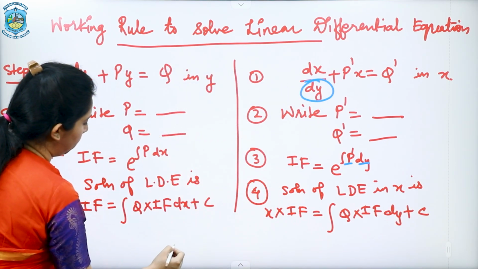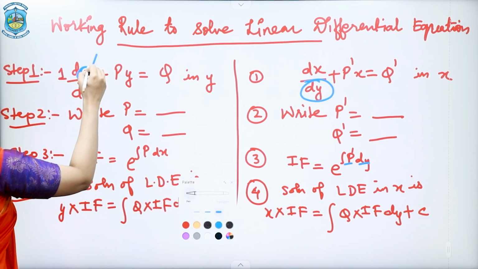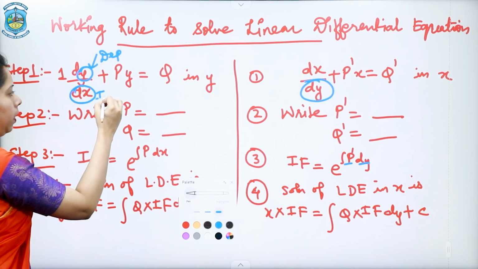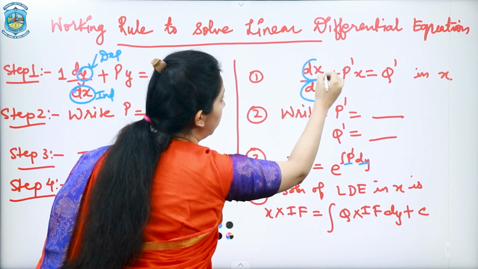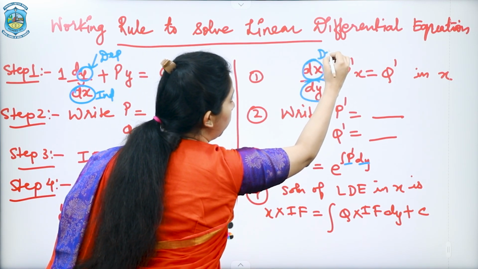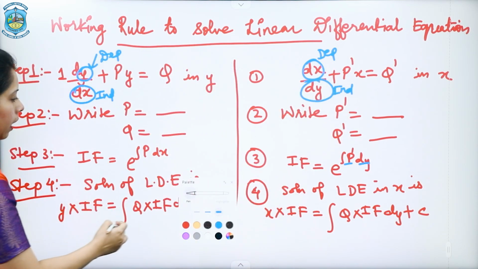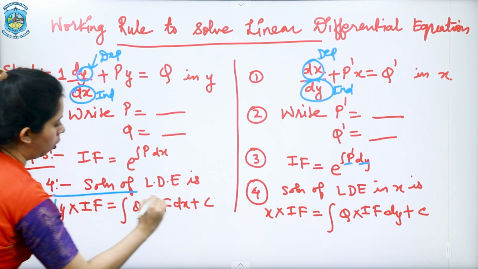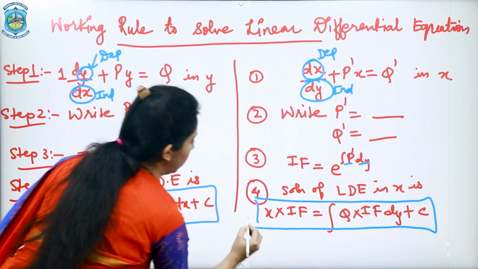Here you have to keep in mind that the dependent variable in the first differential equation is y and the independent variable is x. Whereas, in the second form, the dependent variable is x and the independent variable is y. Accordingly, we write the formula for the solution of the differential equation in y and in x.